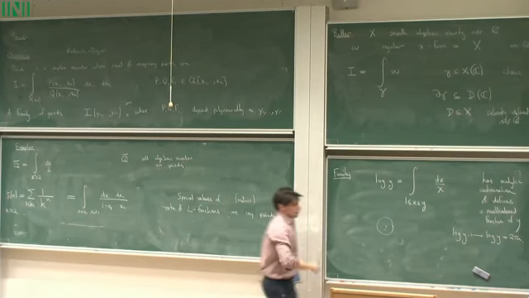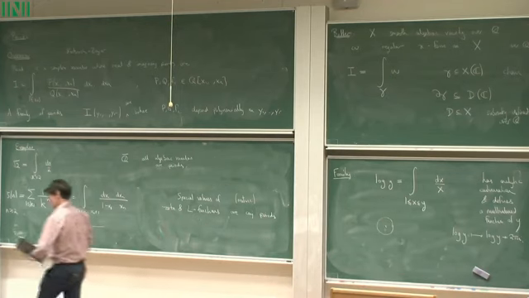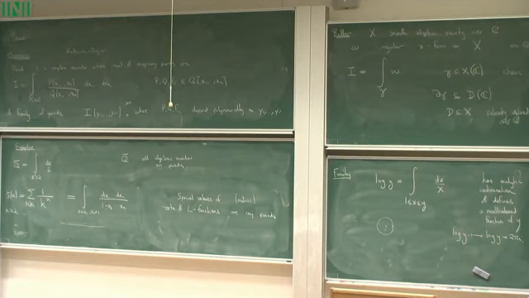We consider not varieties over Q, but families over some base. And the definition is fairly clear.